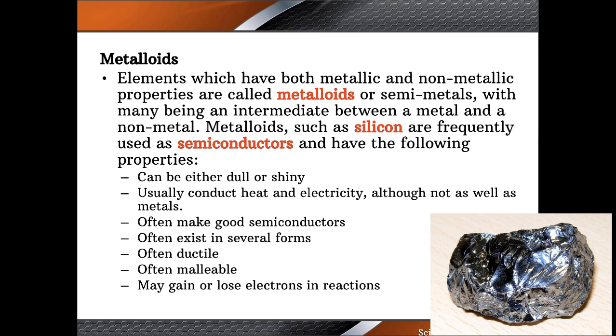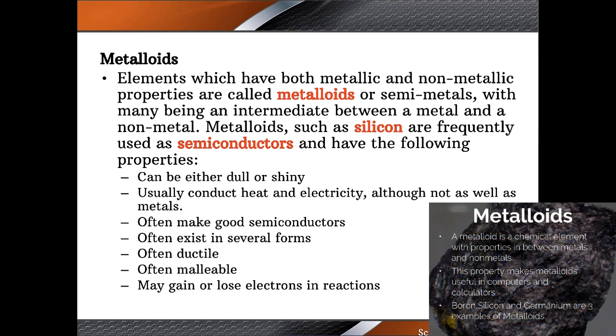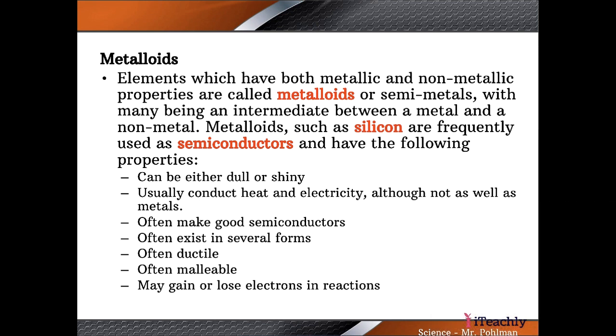Now, what exactly is meant by a semiconductor? It's something that can conduct heat and electricity under certain conditions, but not as well as metals do. When we're looking at those semiconductors, they can either be dull or shiny. They might be dull or they might be lustrous.